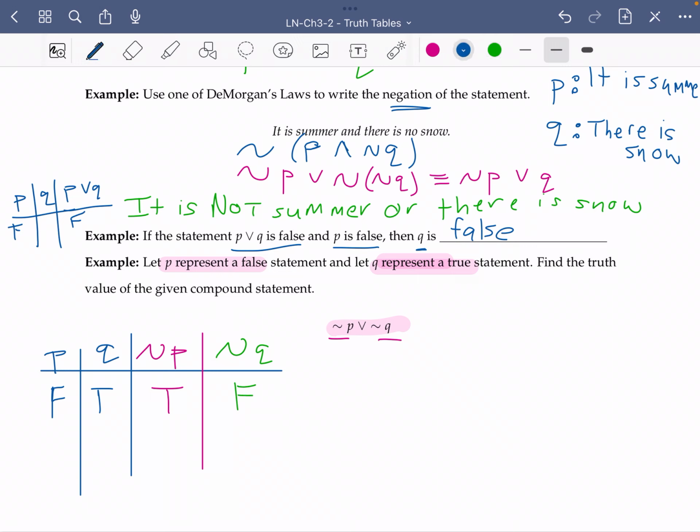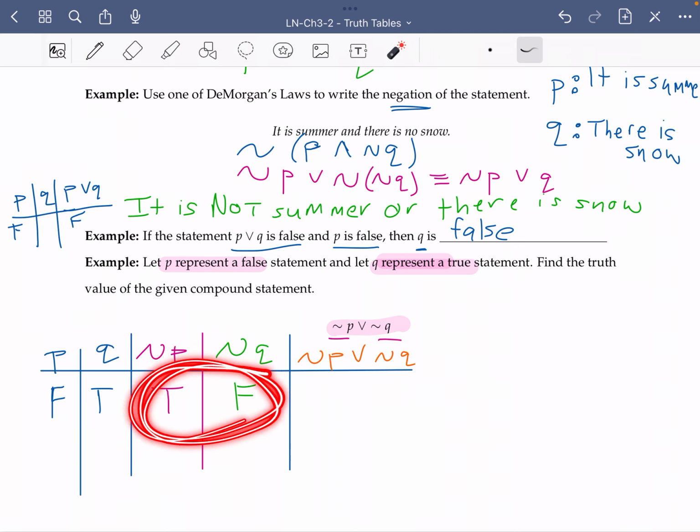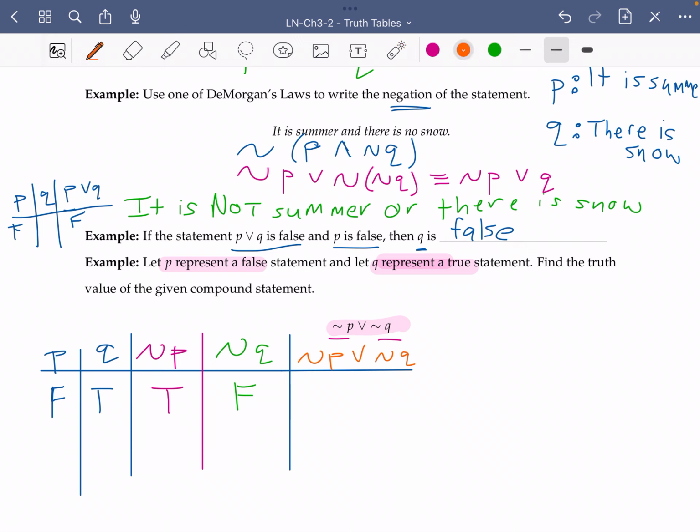And then we need to find the value of that disjunction, not P or not Q. So we're going to look at these two columns. So true or false, it will only be false if both pieces are false. So since at least one of those two things is true, this will be true. So we can find that without too much issue.